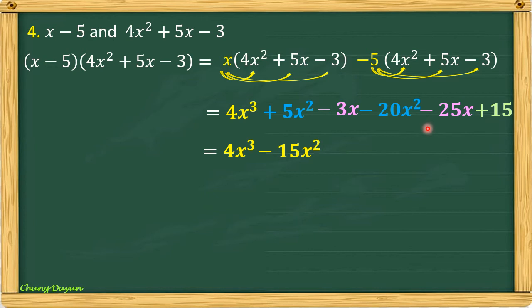So we have here negative 3x minus 25x will get difference of negative 28x. And then, since there is no like term as 15, we'll just copy this one. Therefore, our answer here is 4x cubed minus 15x squared minus 28x plus 15. Again, you will not combine this all because they are unlike terms.